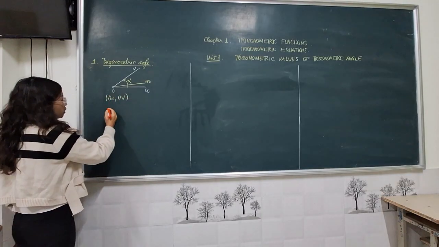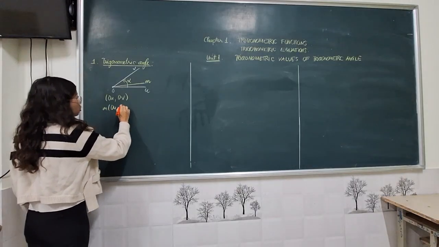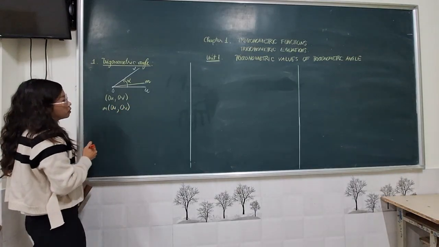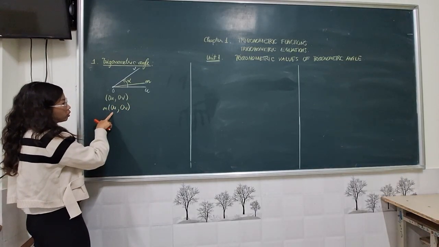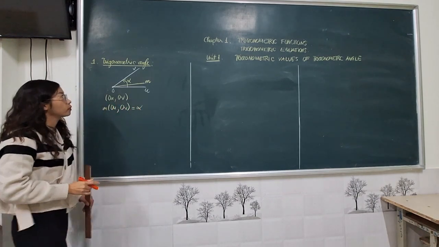And alpha is the measure of the trigonometric angle from the initial side OU to the terminal side OV.